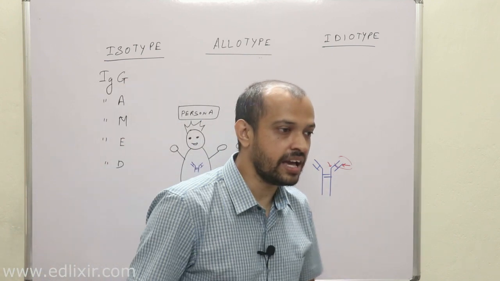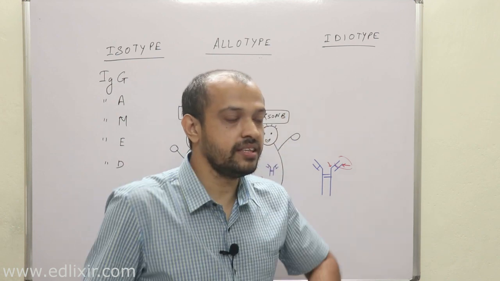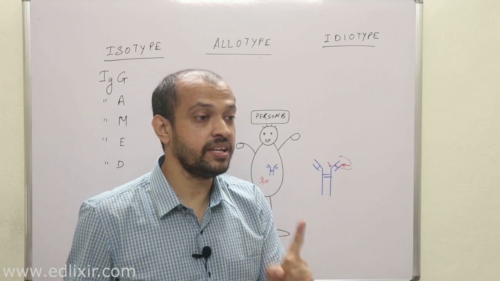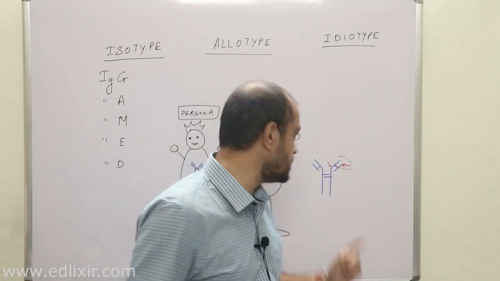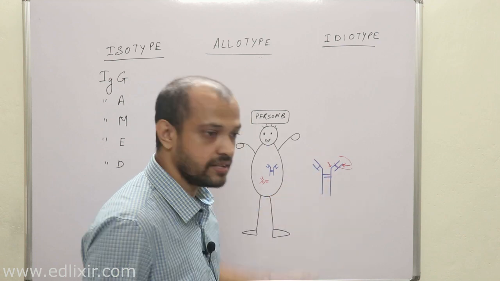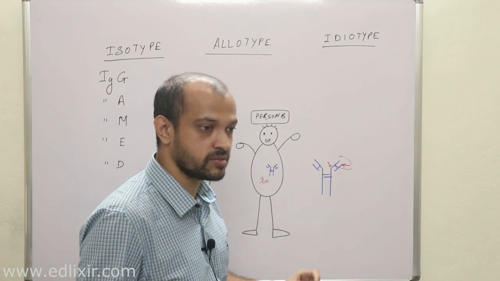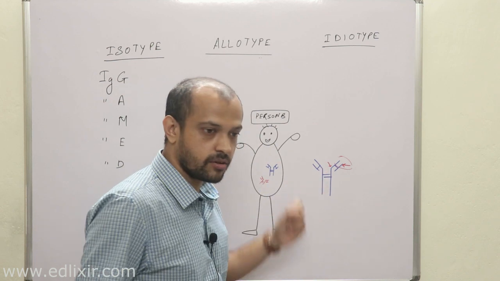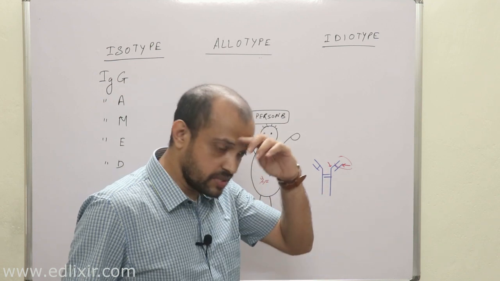Every human being has subtle differences in the constant region of their antibodies, in their heavy chain. Subtle amino acid differences, single nucleotide polymorphisms, SNPs, in their constant region.